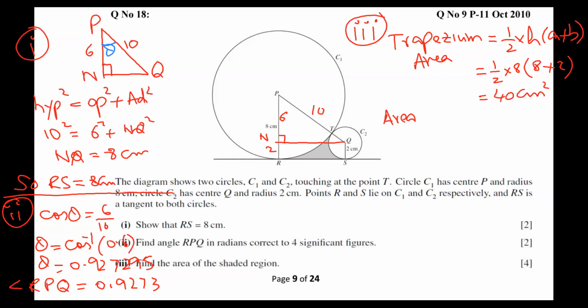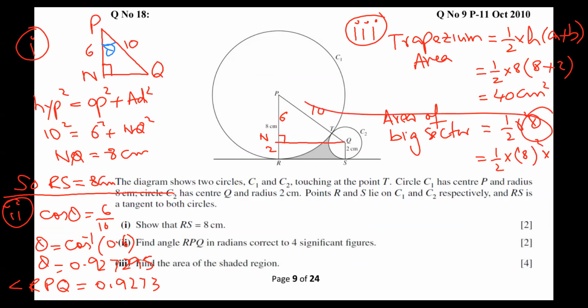So I got the area of the trapezium, and similarly I'm going for the area of the big sector. That formula is very clear: half r squared theta, and the radius for the big one is very clear, 8. So half times 8 squared, and theta is this angle P, which we have already, 0.9273.